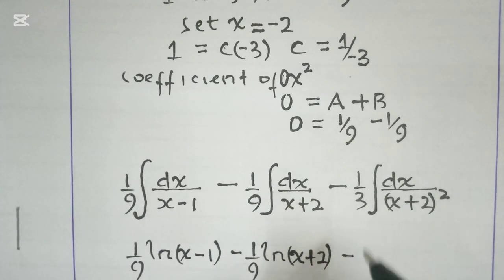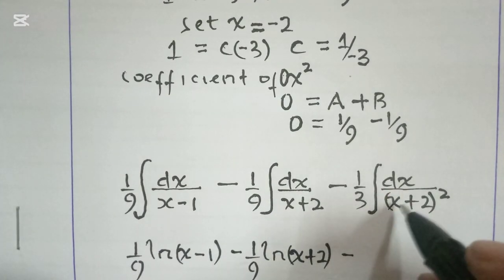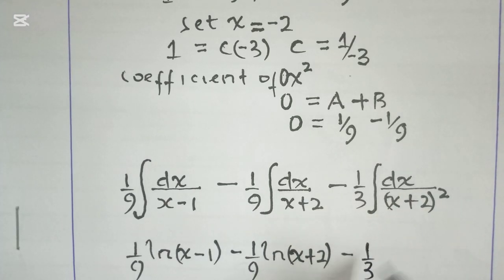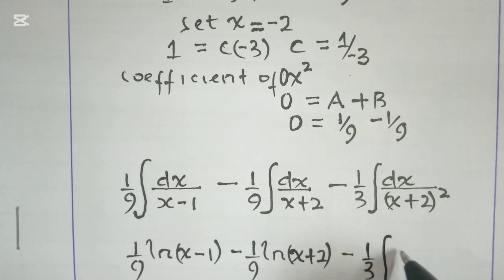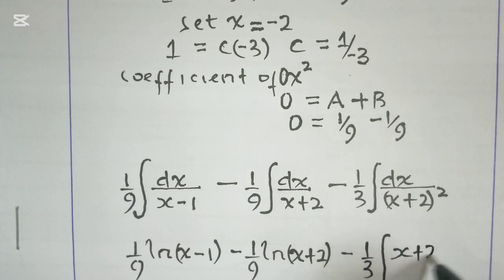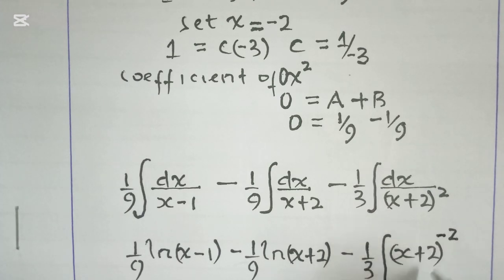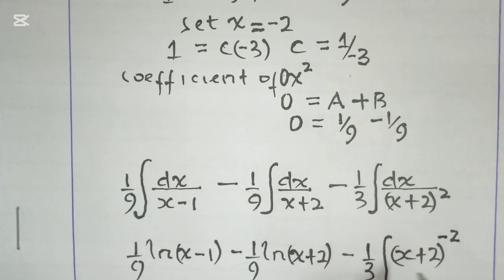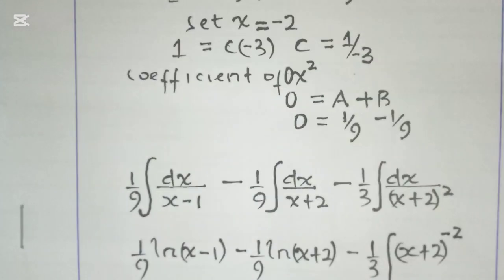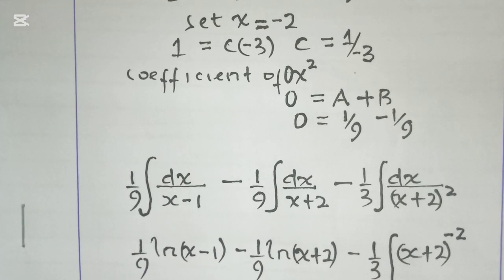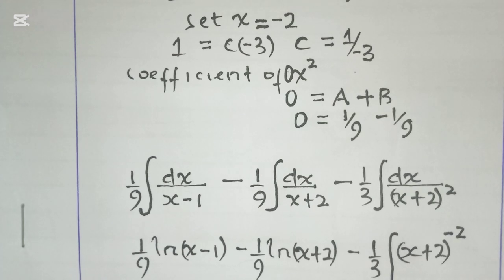This one we can do like this, guys. We can put this x plus 2 at the top here so that we have a third. Then integral of x plus 2 raised now to negative 2 according to the laws of indices, whereby if you put a number up from the denominator, you have to change the sign of the power. So, guys, finally we are going to have our solution as 1 over 9 ln x minus 1.